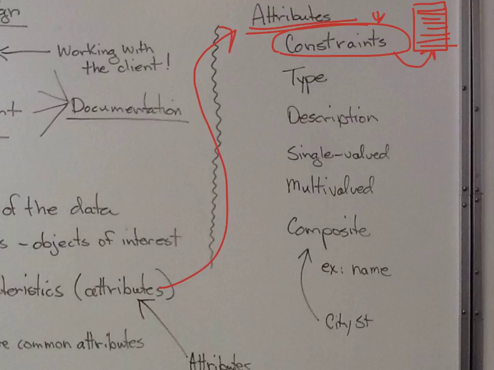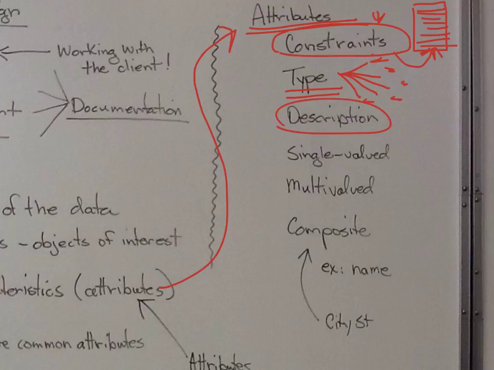That would be a constraint. It has to be one of the states from the United States, what state you live in. Sounds pretty simple, but what type of attribute? Is it numeric? Is it text? Is it video? You know, is it a picture? Is it a date? What type? And then there's limitations on all those. Those can have some kind of constraints.